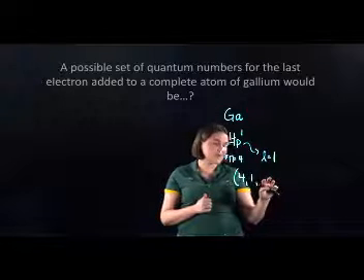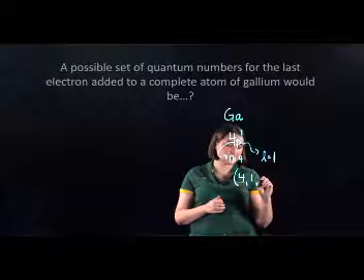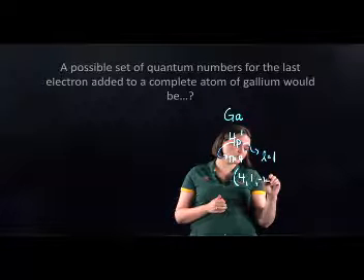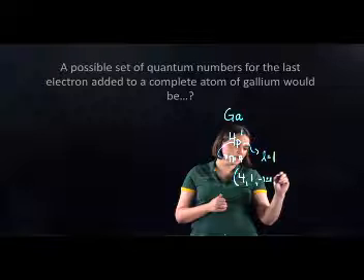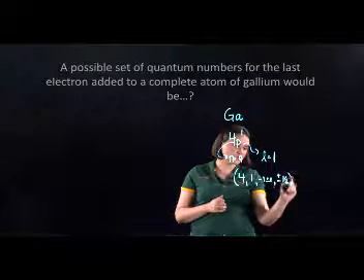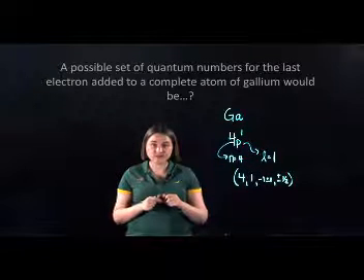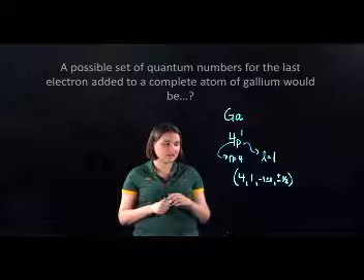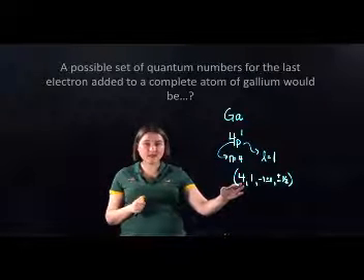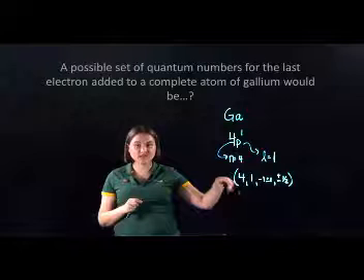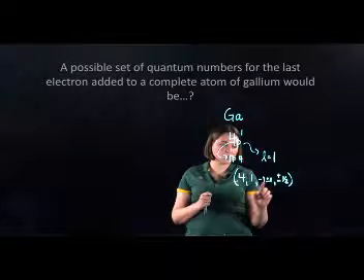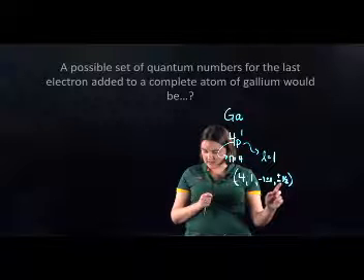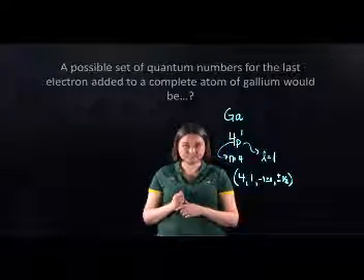As long as this third one is anywhere between -1 and 1, with 0 being the only thing in between, and this last one is either +1/2 or -1/2, then you have a quantum number for the last electron added to gallium. The option you were given was 4, 1, 0, and +1/2.